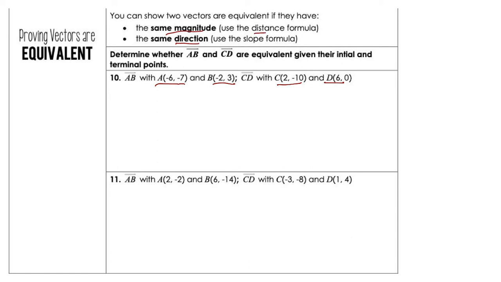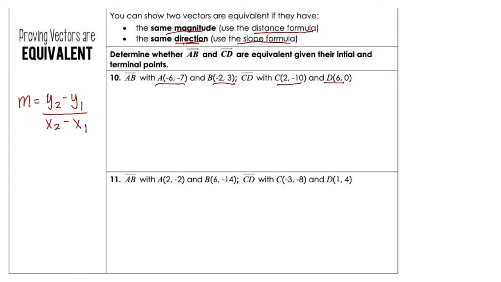And notice we're going to use 2 common formulas that we already know. We're going to use the distance formula for magnitude, and for direction, we're going to use our slope formula. And a little bit of review for our slope formula. Again, that's y2 minus y1 over x2 minus x1. Changing y's over changing x's.